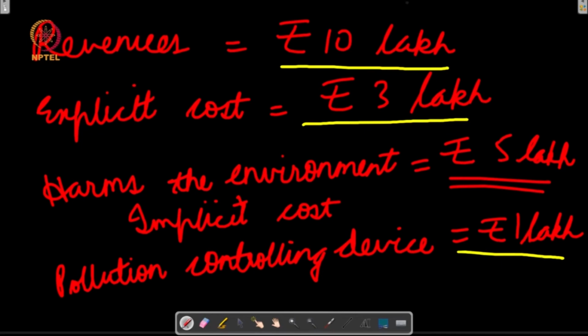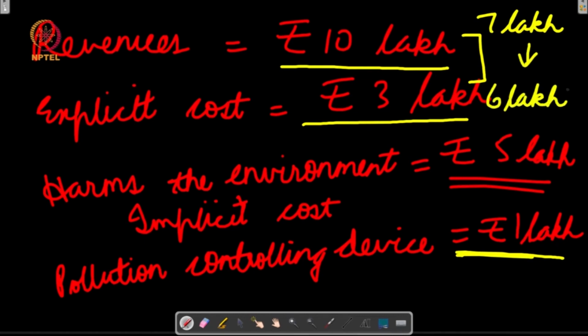And currently the profit is 10 minus 3 lakhs is 7 lakhs. But if this device gets installed, then because there is an extra explicit cost, the profit will come down to 6 lakhs. And in this case, the accountant would say that, oh, this company should not install this device.